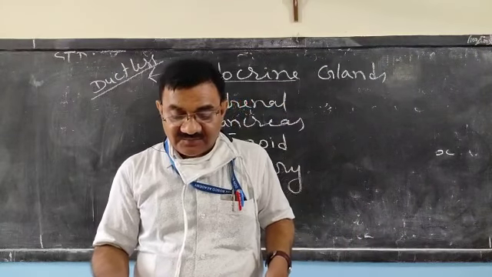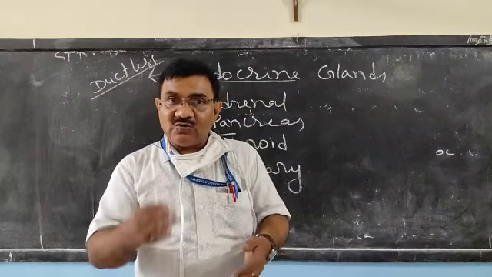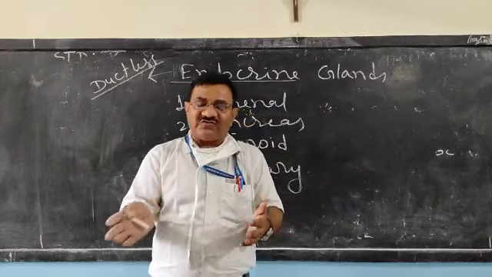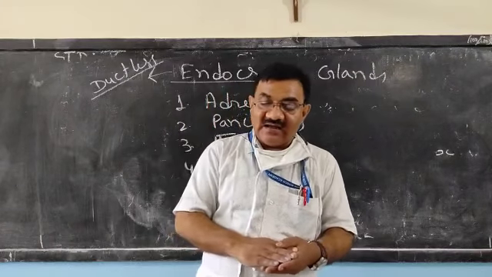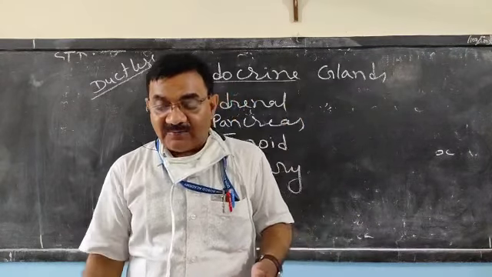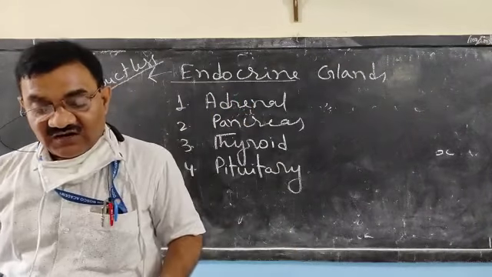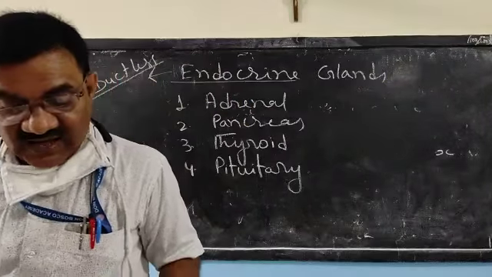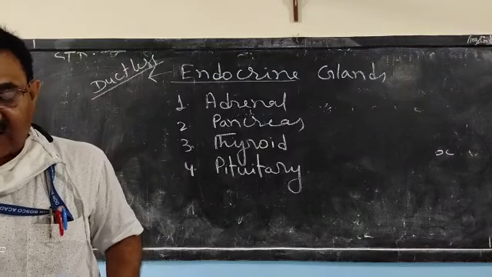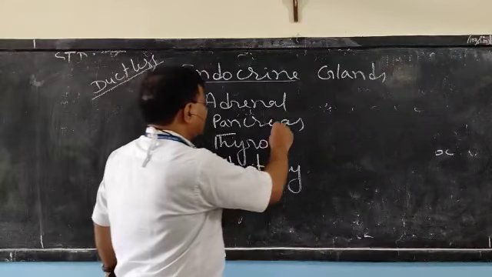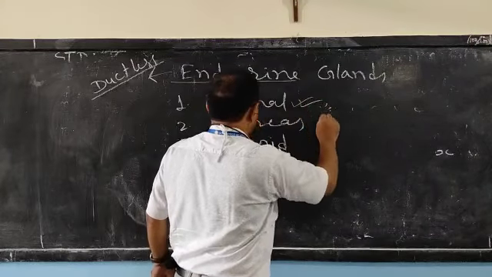Very clear or not? Due to hyposecretion, Addison's disease occurs, and due to hypersecretion, Cushing syndrome. Only this much we have to discuss for practical.